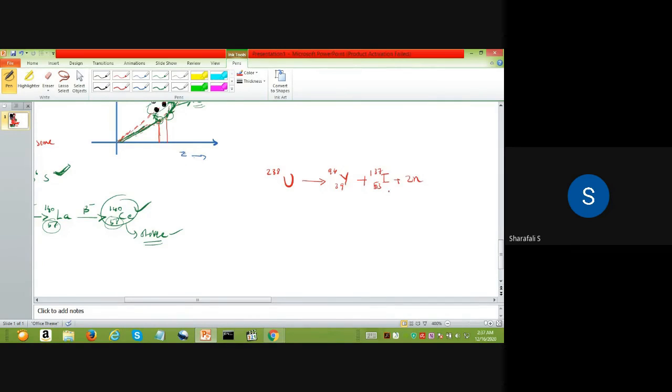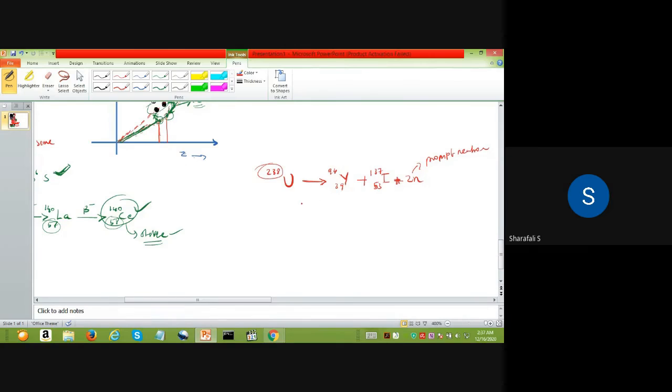So this is another fission process where uranium-238 splits into two daughter nuclei, which are erbium and iodine. Okay, plus 2 neutrons also released. So these 2 neutrons are prompt neutrons. I already told that prompt neutrons are those forming immediately after that fission.